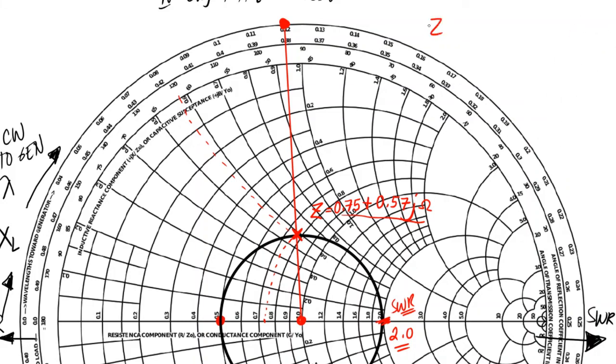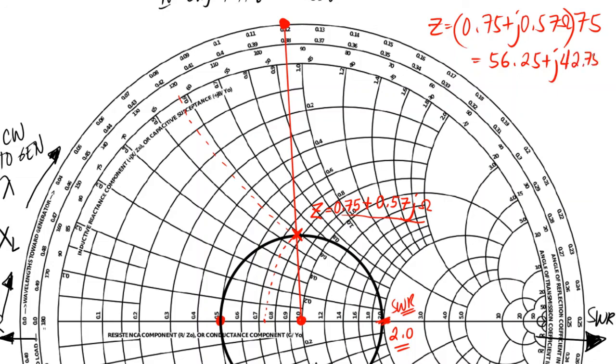So, the Z that we have solved was 0.75 plus j0.57 ohms. To undo the normalization, we multiply it back by Z0, 75. And that should give us 56.25 plus j42.75 ohms. Okay. So, this is the impedance that we are looking at 0.12 lambda towards the generator.